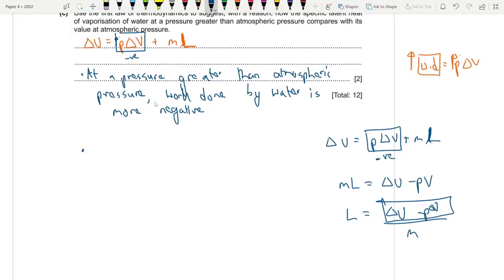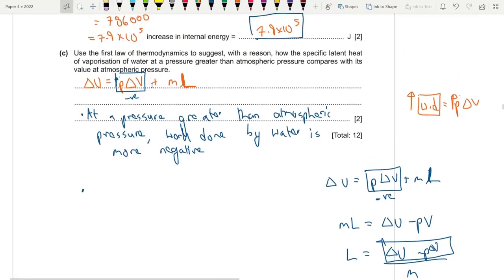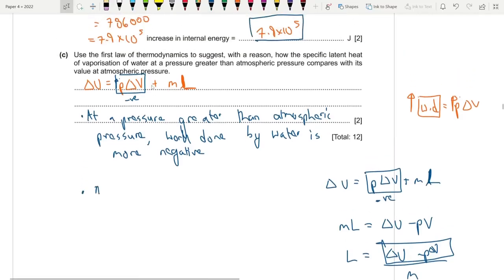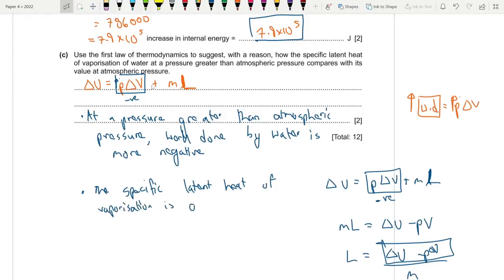Okay, so we can say that the specific latent heat of vaporization is greater at higher pressure.